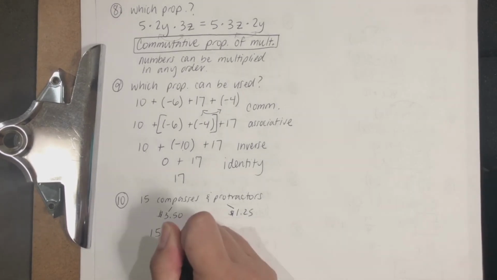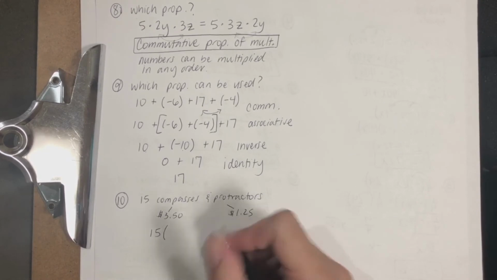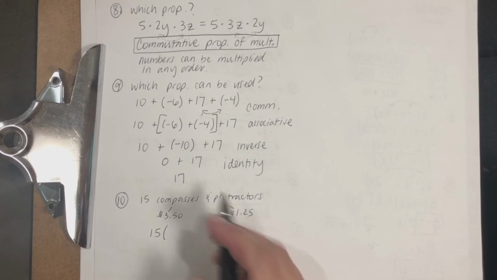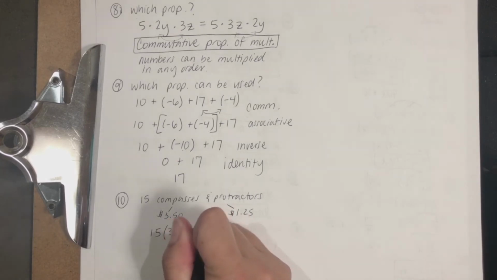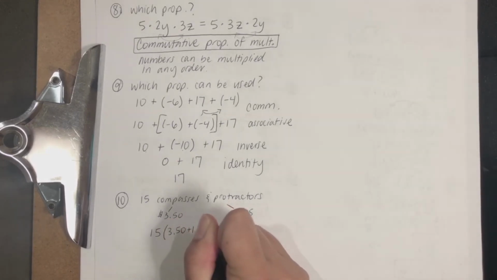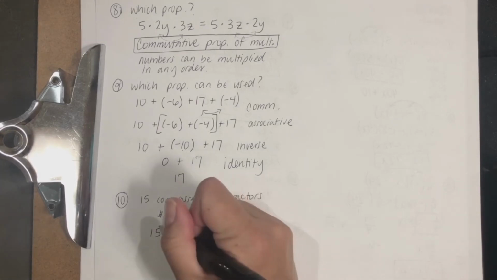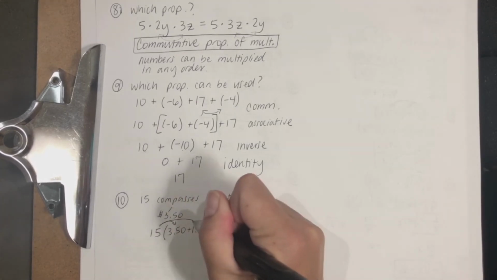So we're going to put 15 on the outside and then use parentheses, and we'll put $3.50 plus $1.25. Now, we could add this together first and then multiply it by 15, but the point of this is to use the distributive property. They want us to do that.